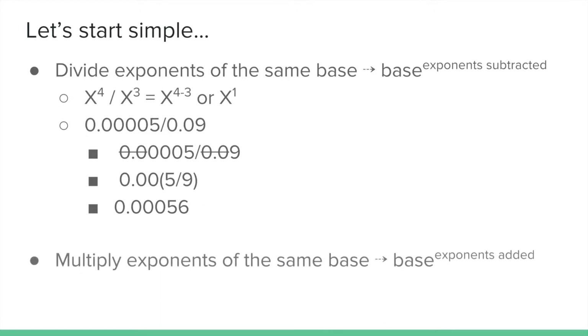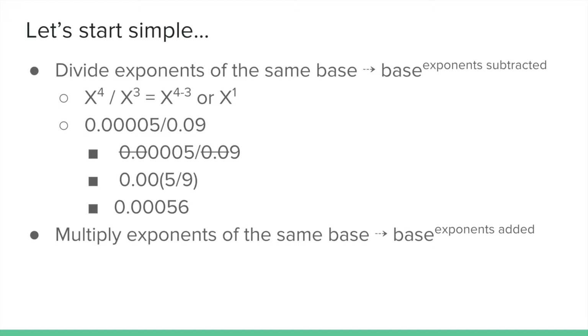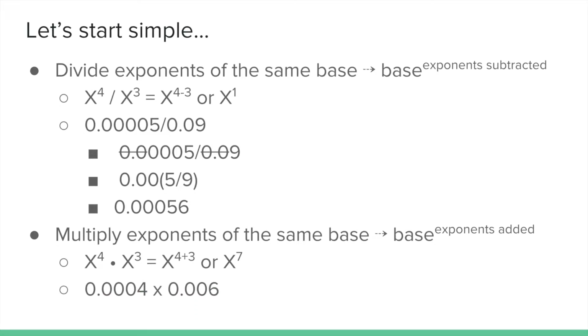Another rule here is that if you multiply exponents of the same base, you get that base to the exponents added. In variable form, this is simply x to the 4th, for example, times x to the 3rd is the same thing as x to the 4 plus 3, or x to the 7th. Let's do a numerical example like last time. 0.0004 times 0.006.